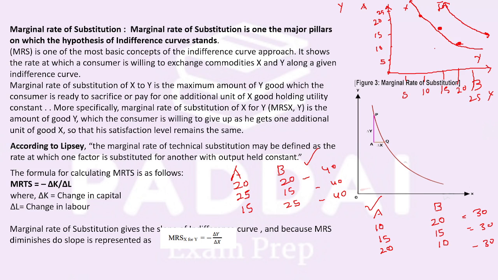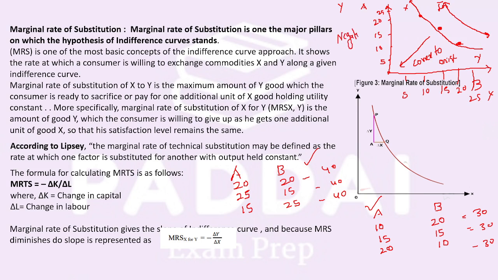Now, this indifference curve, let's say x and y, represents that A and B can be substituted in different combinations with the same level of satisfaction. The properties of this indifference curve are that this curve is convex to the origin. It is downward sloping, negative slope.